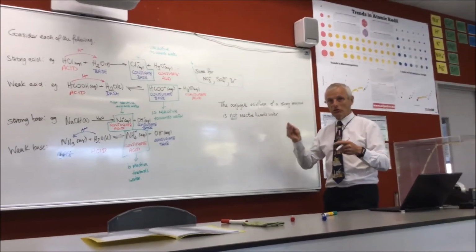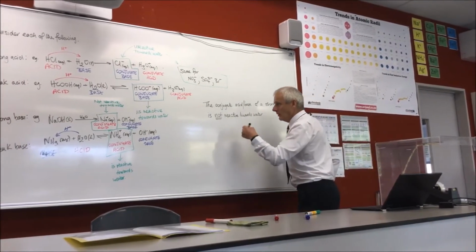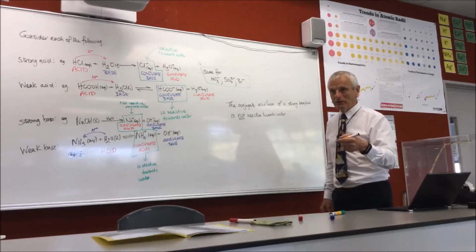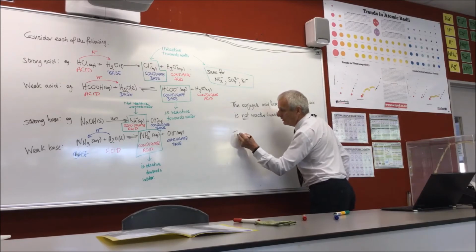So the conjugate of a strong thing is unreactive. However, the conjugate of a weak acid or a weak base is reactive. So this is the really important thing.